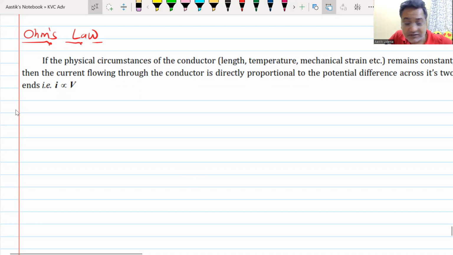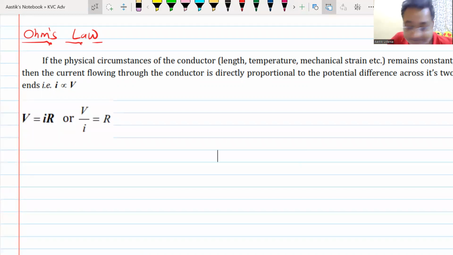This is murder. You have studied your 12th standard. You have done your board exams. You have given 2 attempts of JEE Main in 12th. You have given 1 attempt of JEE after this, a drop year. And if you tell me that you don't remember Ohm's law, V is equal to IR, or V by I is equal to R. R is a proportionality constant.